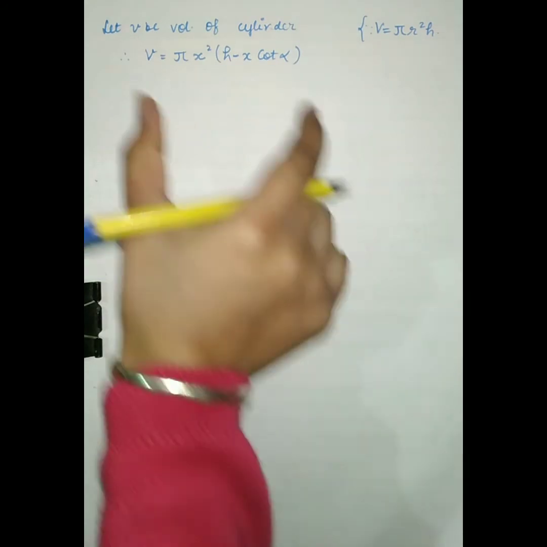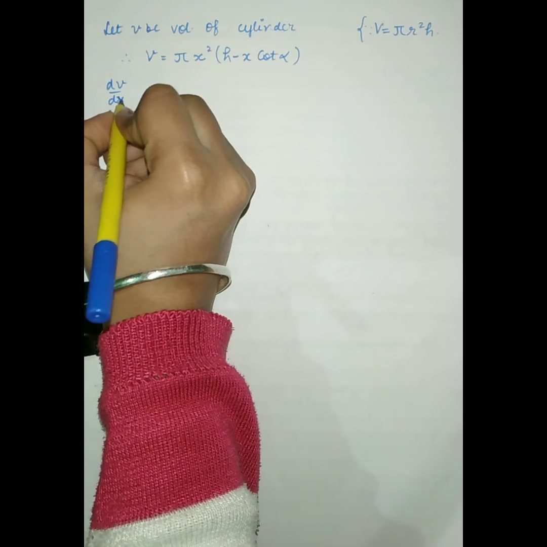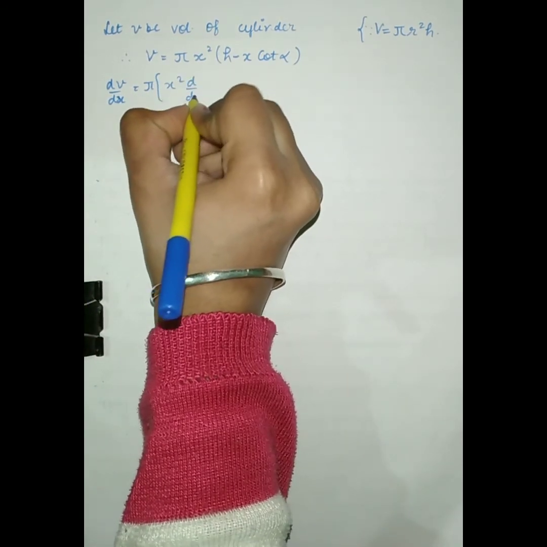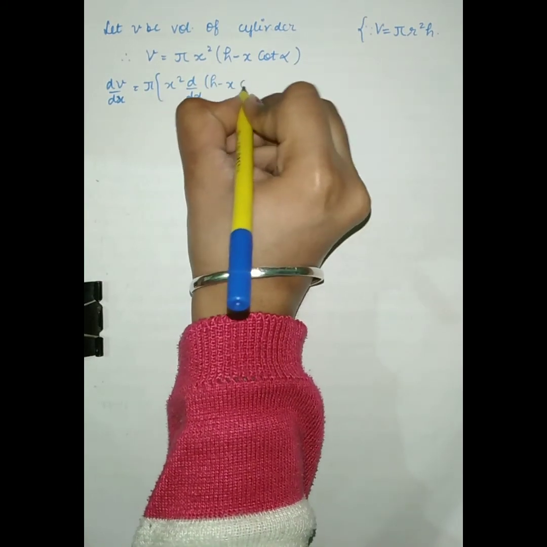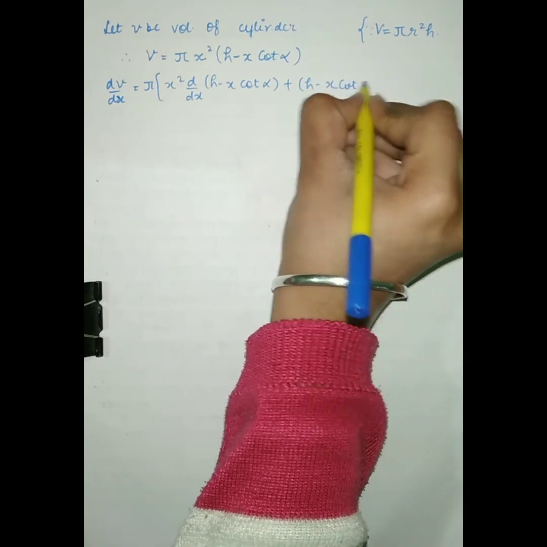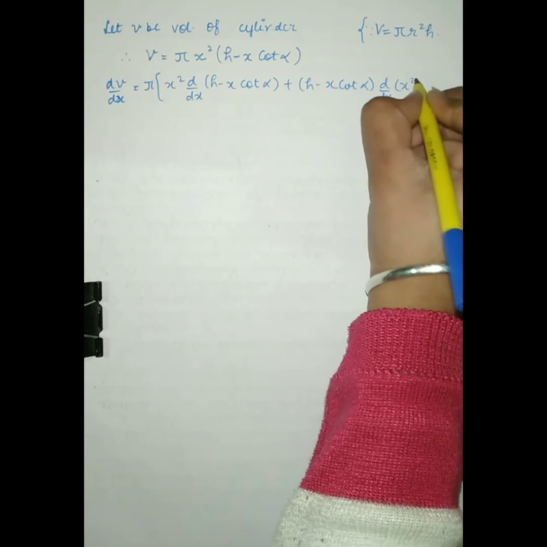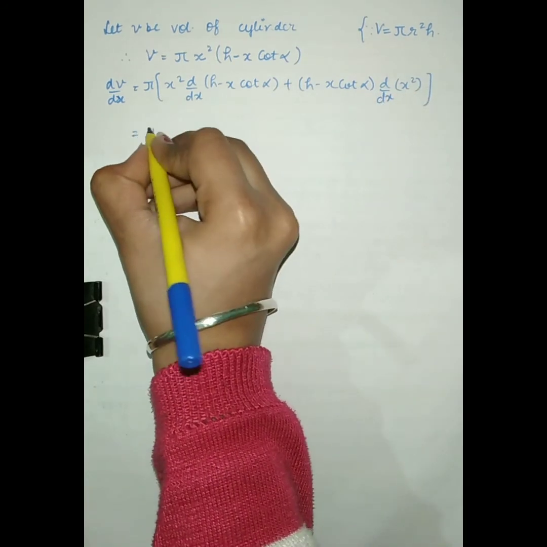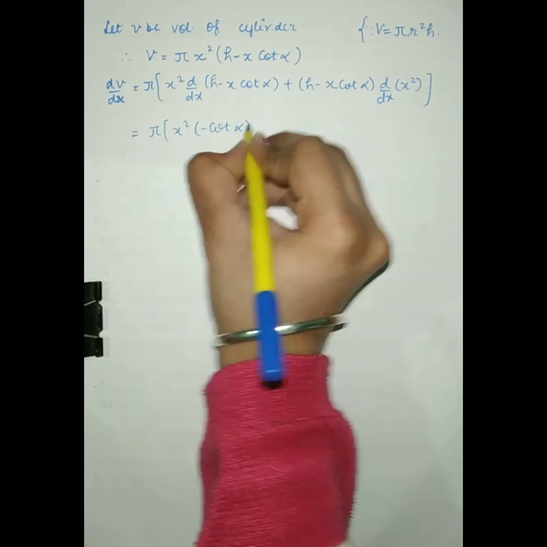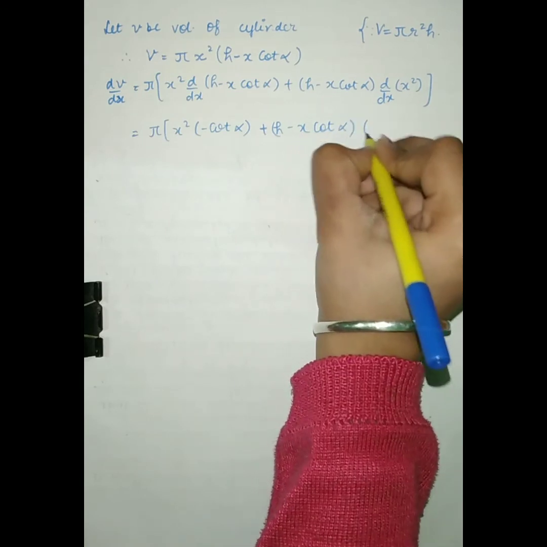Now we differentiate this, that means dV upon dx, and we get pi into x squared times the derivative of (h minus x cot alpha), plus (h minus x cot alpha) times the derivative of x squared. That means we get pi into [x squared into minus cot alpha plus (h minus x cot alpha) into 2x].